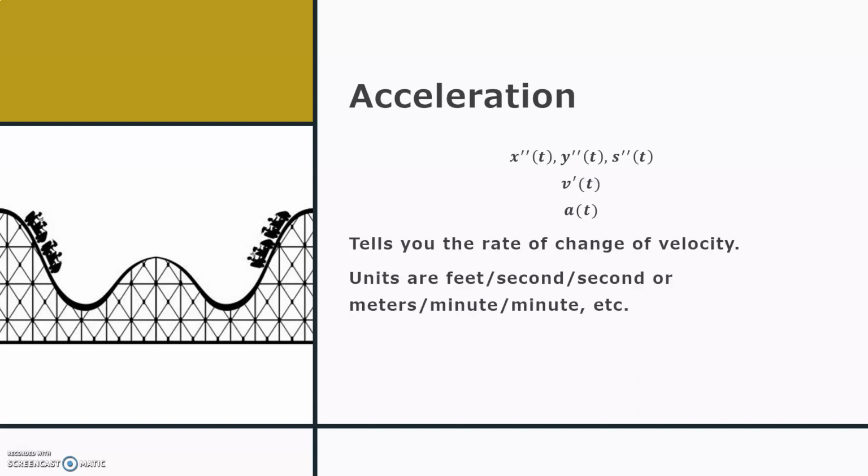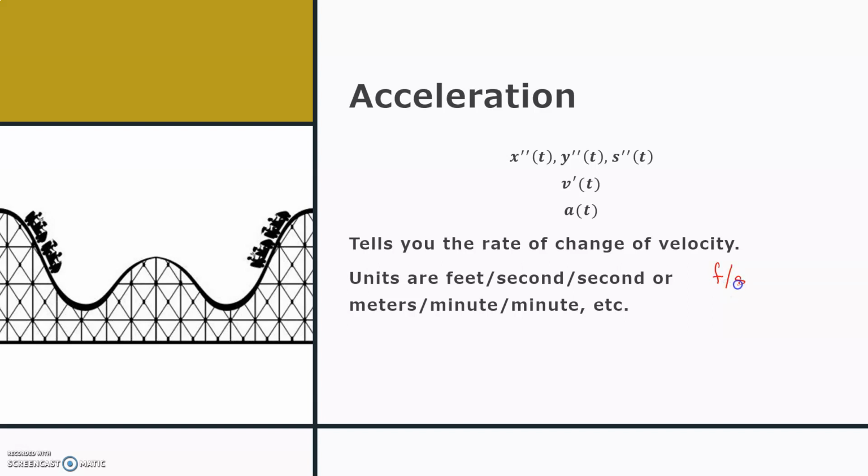The second derivative of position is acceleration, and that's the derivative of velocity, or sometimes called a of t. It tells you the rate of change of your velocity. And the units are feet per second per second.